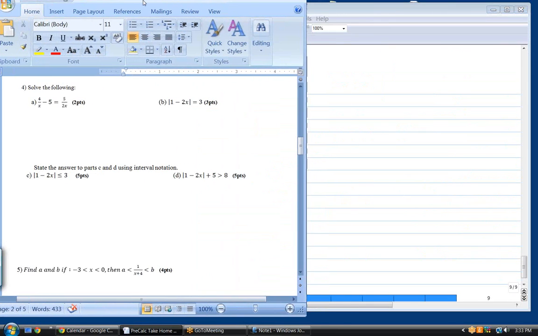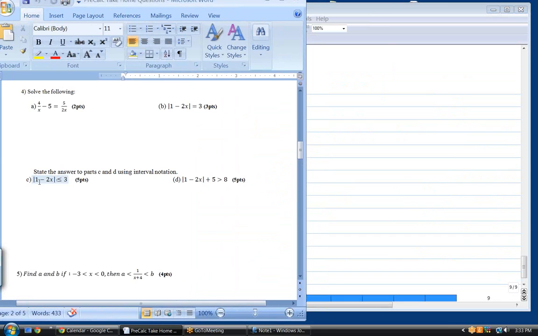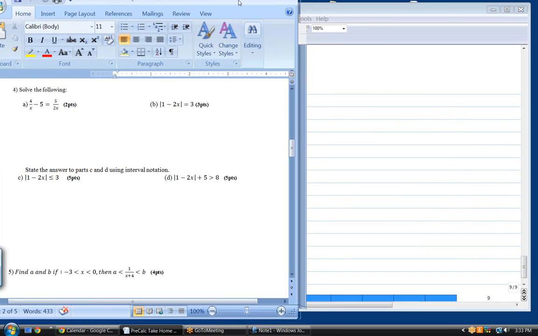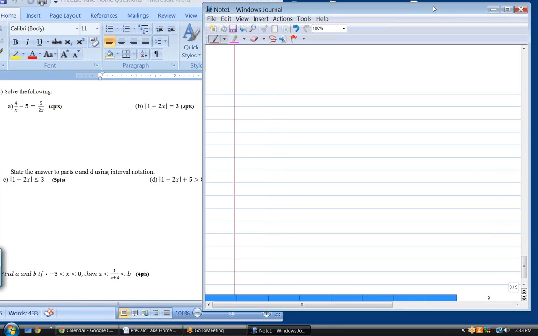All right. Now, this is an absolute value problem, but it has an inequality sign instead of an equal sign. Well, let's go through that. If I say that is greater than 3, that means two things, again.